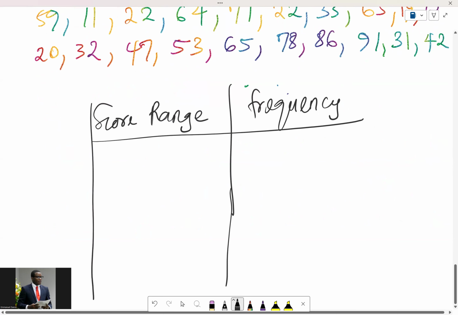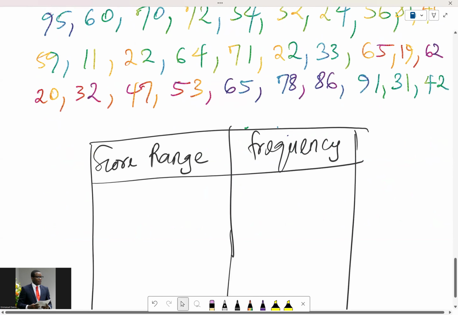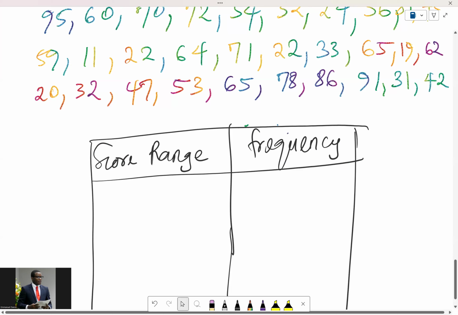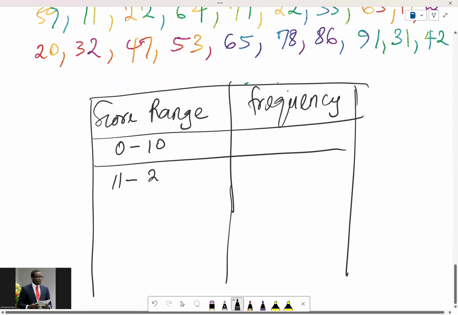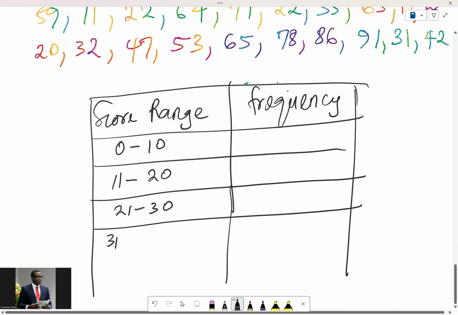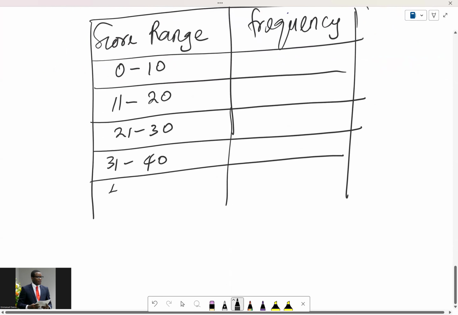Then you have to decide your range. What range do you want to go for? So let me choose 0 to 10. Then you have 0 to 10, 11 to 20, 21 to 30, 31 to 40, 41 to 50.